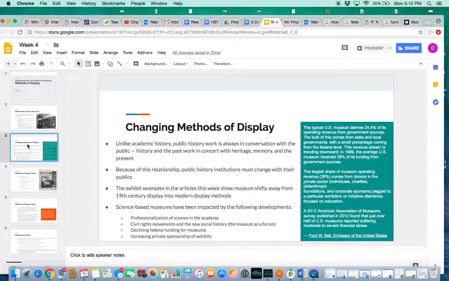It used to be a center of practicing scientific work and producing data until we have the elevation of the academic world and the university system. And so professionalization of science in universities moves it out of the museum. So the museum becomes less about producing scientific development and more about presenting things that have been established elsewhere. So that's one of the reasons for why things will change and how things are presented.